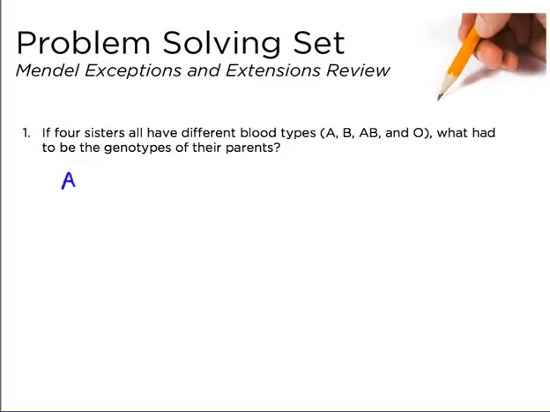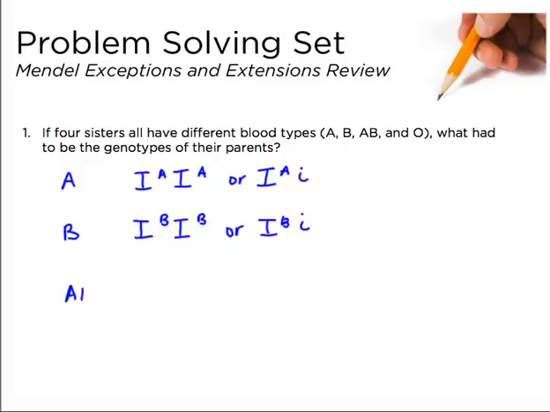For A, this daughter could be big IA, big IA, or big IA, little i. For B, she could be big IB, big IB, or big IB, little i. For AB, she could only have one genotype. She has to be big IA and big IB.